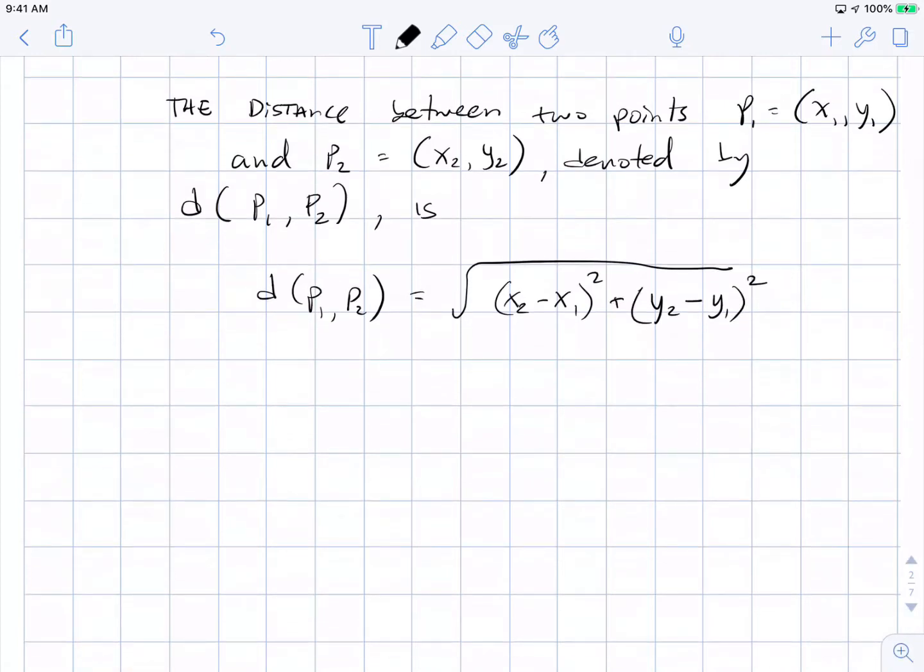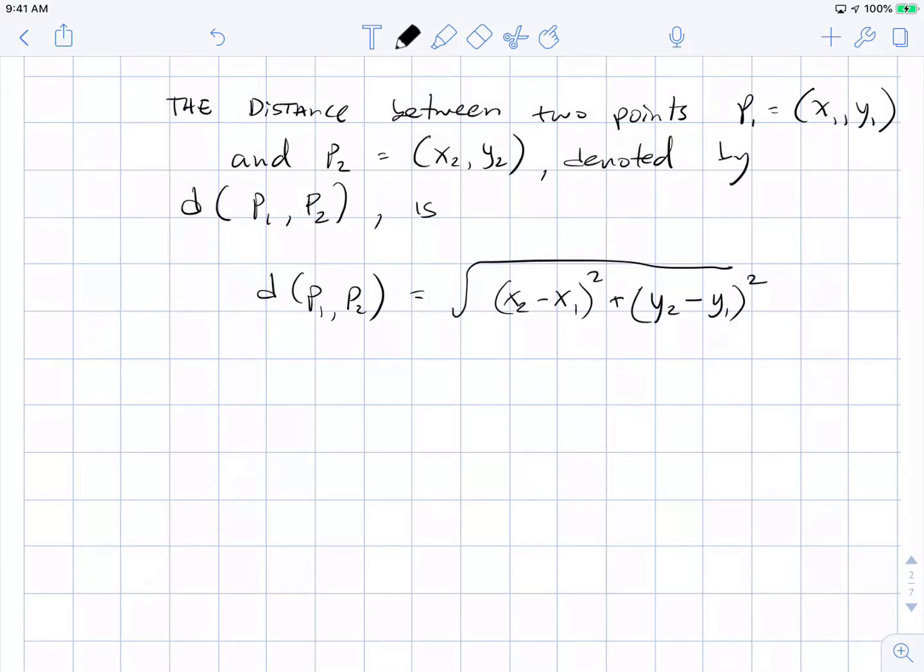Let me give you a quick example. So if I gave you something like, let's say I gave you 2, 3 as point 1, and point 2 I gave you to be 3, 1.